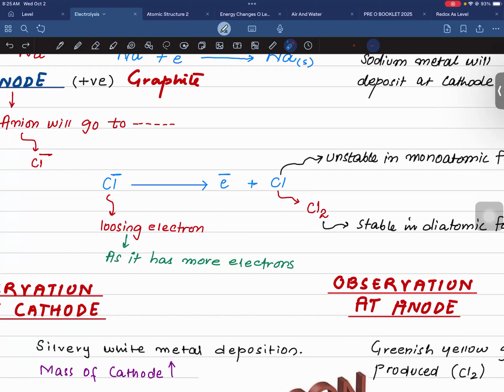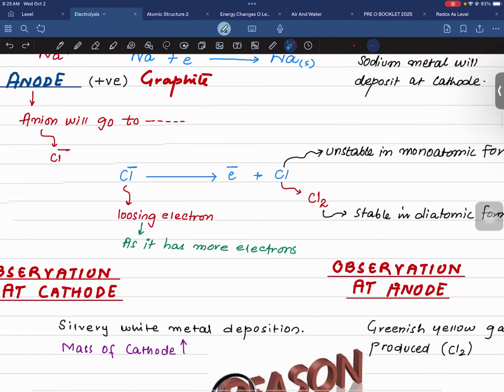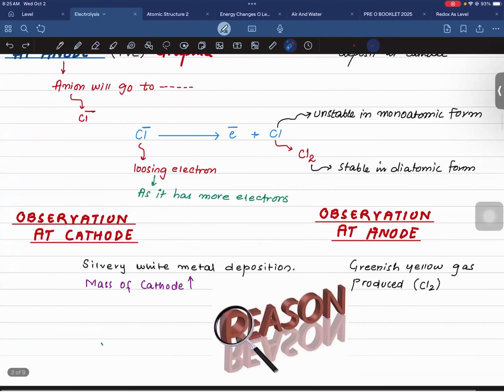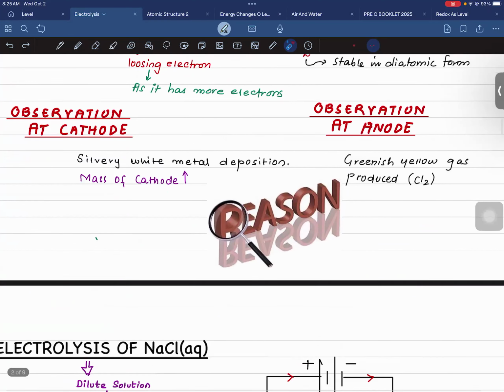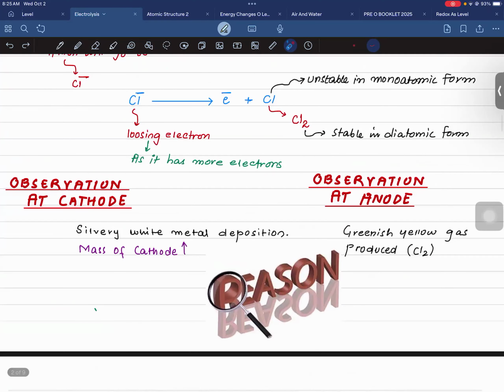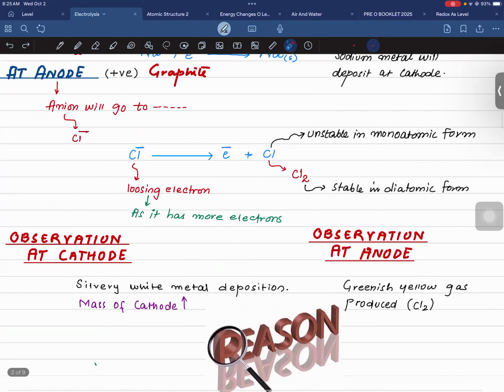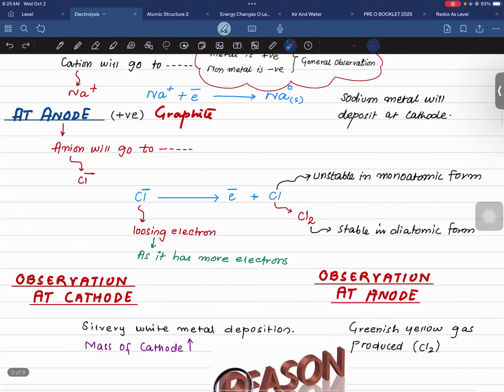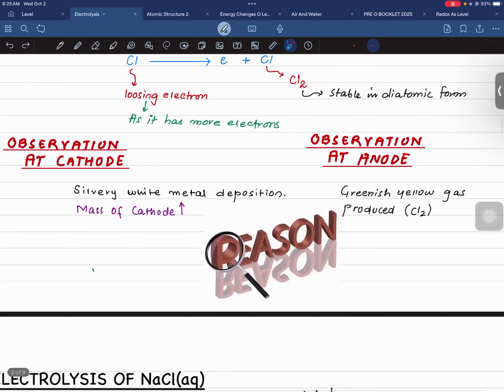Then what am I supposed to do? I am going to write the overall equation. So you can see this: Na plus e minus gives Na, and Cl minus loses an electron to give Cl.